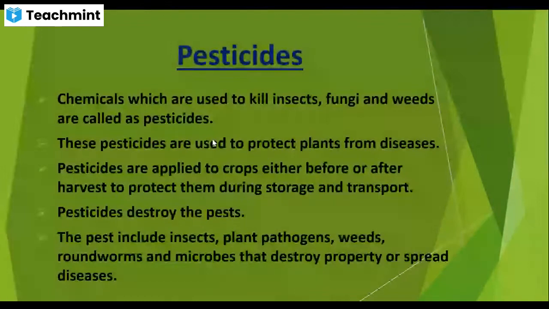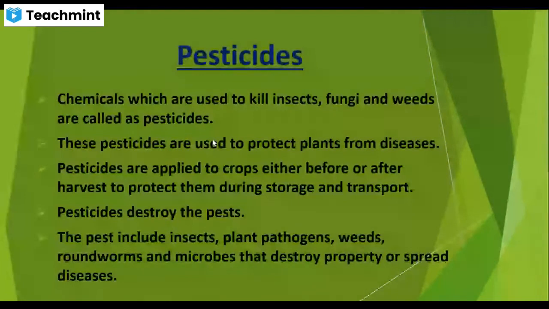So what should I do? I should use a special kind of pesticide that can destroy those weeds from the farm, which should not destroy the cotton plant but destroys the other plants, which are called weeds. For that purpose we can use special kinds of pesticides, which we are going to see.